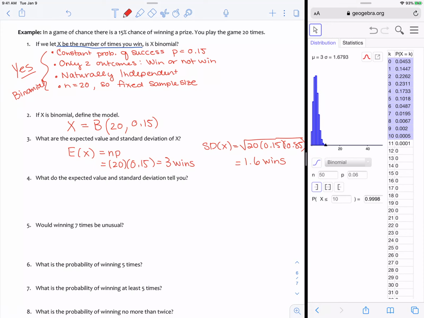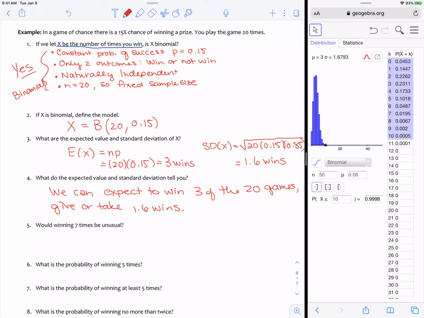Okay, what do the expected value and standard deviation tell you? That tells us that we can expect to win 3 of the 20 games, give or take 1.6 wins.